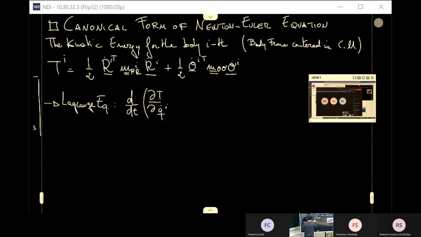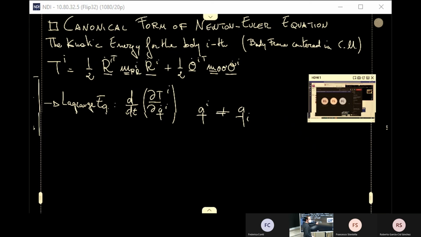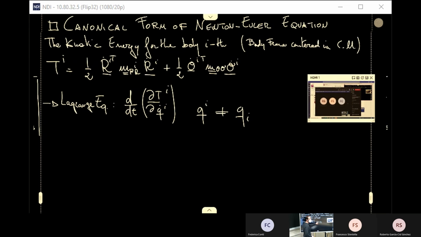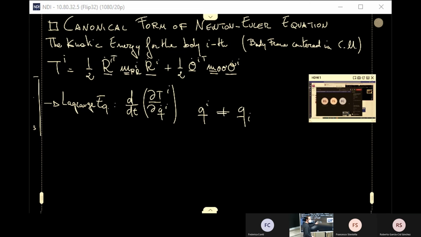So here is a little warning if you want. Qi, I know it's a somehow controversial point, but this is not Qi. What does it mean? Here, when I use i as a subscript, it refers to the number of the body. It's the body i.